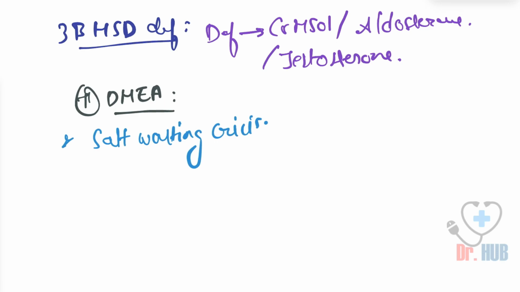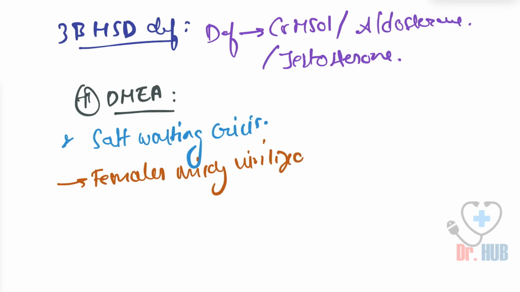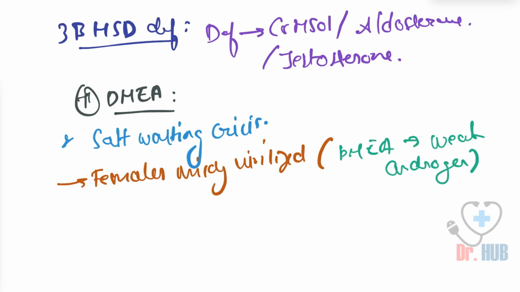Then we need to know that the females are mildly virilized. The DHEA here is a weak androgen. Other thing to note is that the males are incompletely virilized.